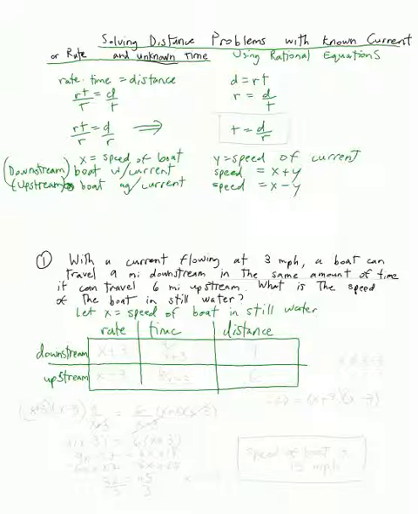Now, what do I put for rate downstream? The speed of the boat is what we're looking for. That's x. But the current is going at 3, so the speed of the boat downstream would be x plus 3. Remember, it's the speed of the boat plus the speed of the current. Upstream, since we're going against the current, it's going to be x minus 3.